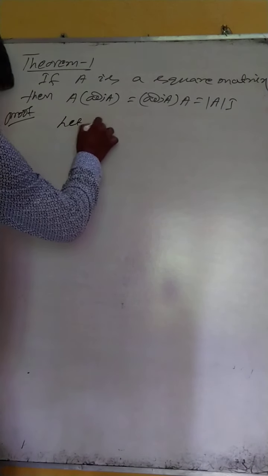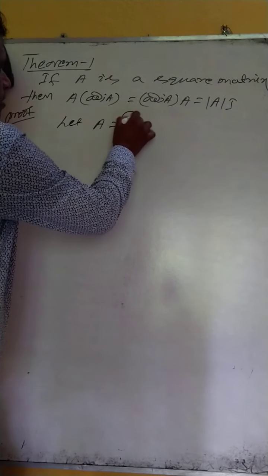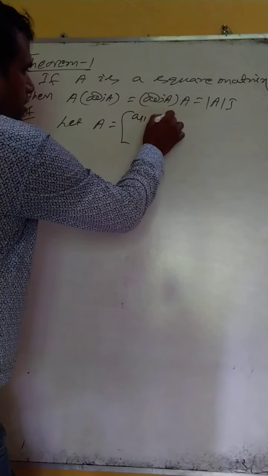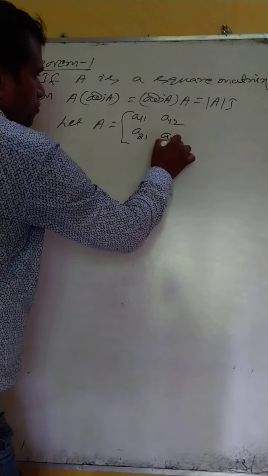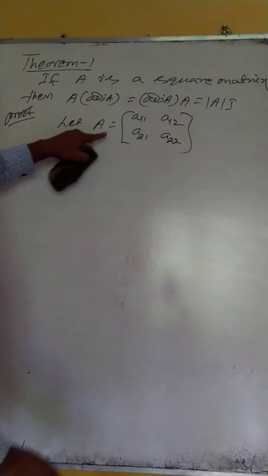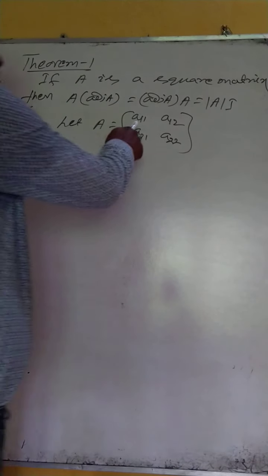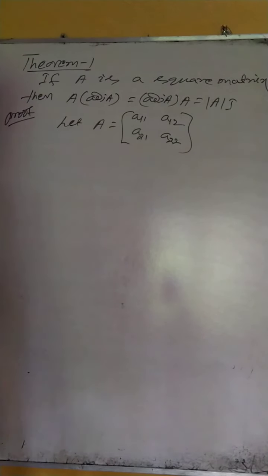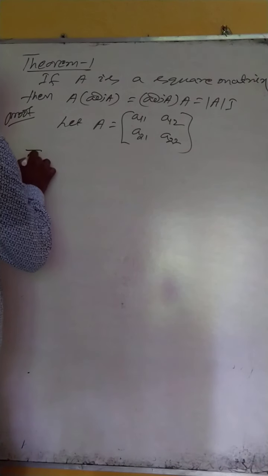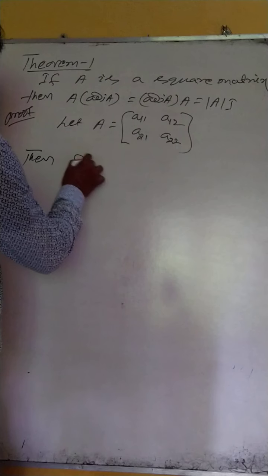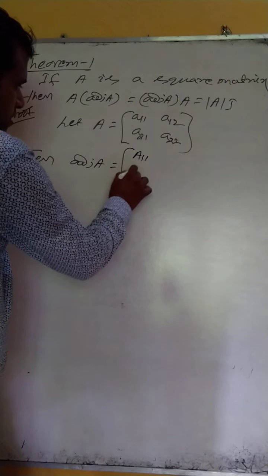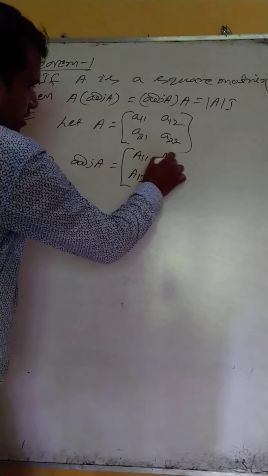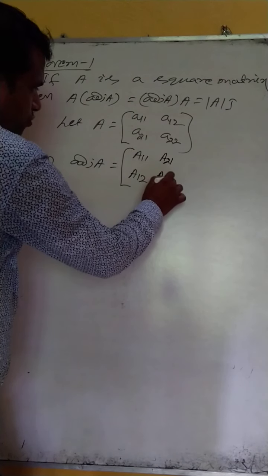Proof. Let capital A be the matrix whose elements are a11, a12, a21, a22. Then the adjoint of A equals capital A11, capital A12, capital A21, capital A22.